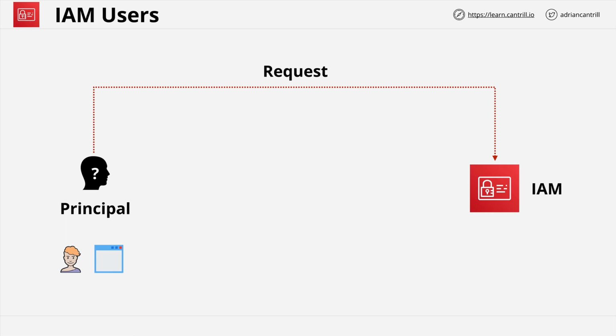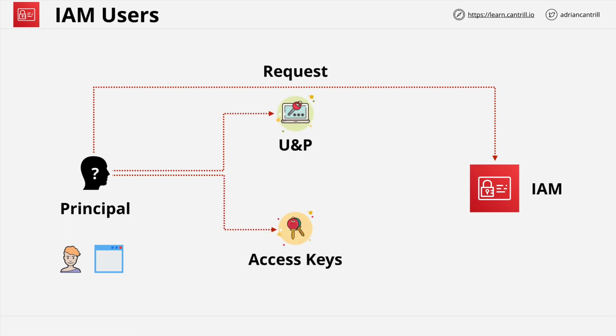Authentication for IAM users is done either using username and password or access keys. These are both examples of long-term credentials. Generally, username and passwords are used if a human is accessing AWS and accessing via the console UI. Access keys are used if it's an application, or as you experienced earlier in the course, if it's a human attempting to use the AWS command line tools.